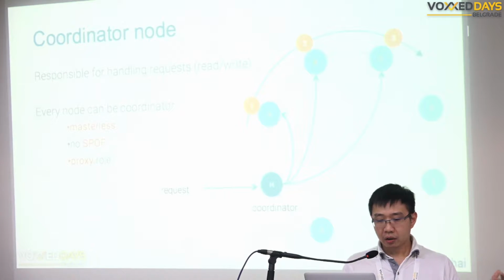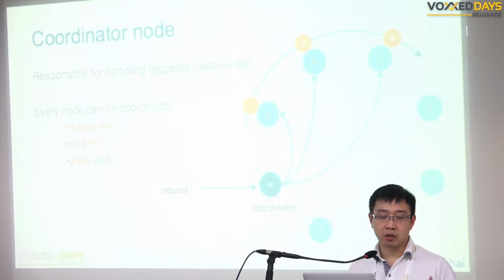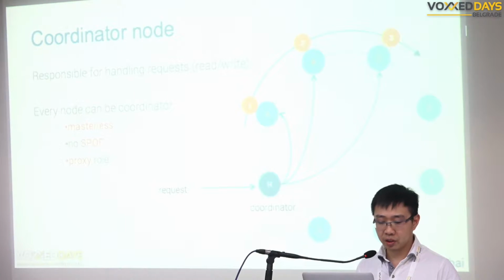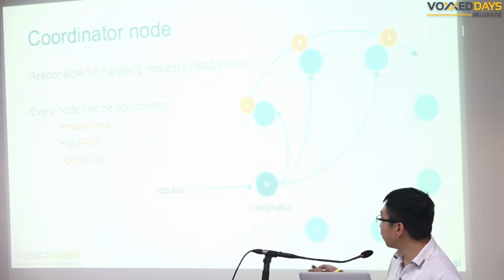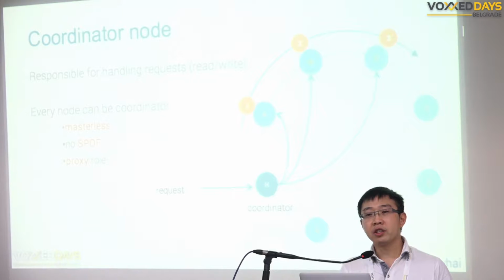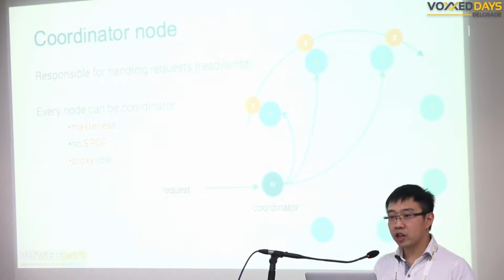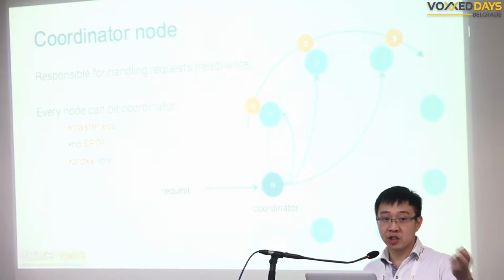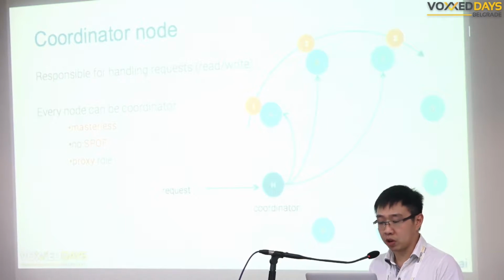Coordinator node. Every time you query data from Cassandra, whether insert, update, delete or select, your client will contact a node which is called a coordinator. So what is a coordinator? It is not a master, because Cassandra is masterless. There is no master. A coordinator is just a machine which receives the request and is responsible for this request and only this request.